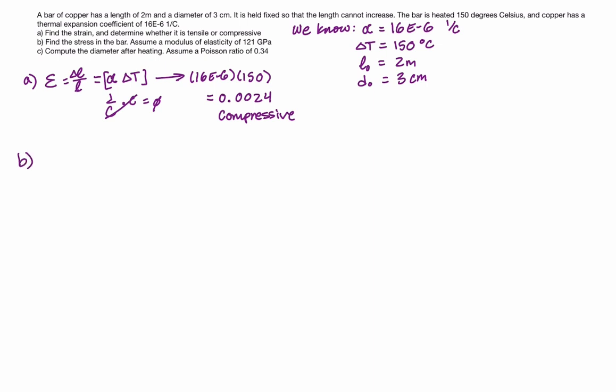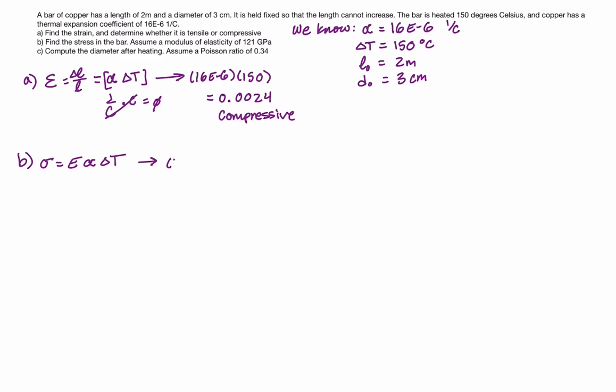For part B, find the stress in the bar. We're going to use our stress equation. Sigma equals E alpha delta T. And it gives us our E value in the problem, which is 121 gigapascals. So again, we can just go ahead and plug in our values.